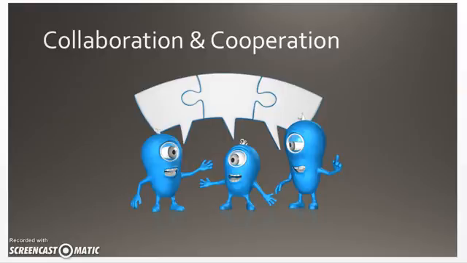So when we talk about collaboration and cooperation, we need to talk about how that looks in a director's role. For example, you're going to be meeting the needs of families who have children with special needs. Within that capacity, you're going to work with education agencies. You're going to collaborate with programs outside the agency.